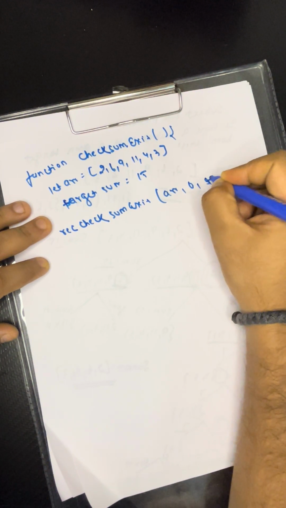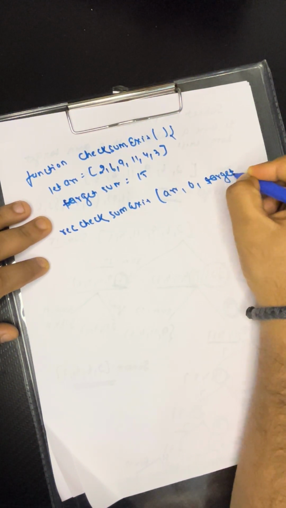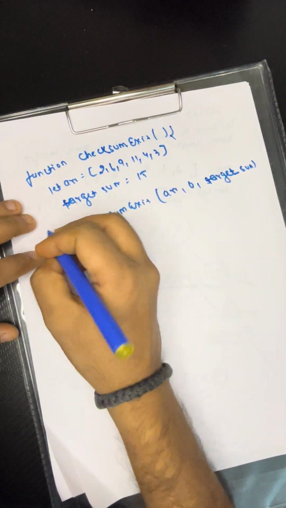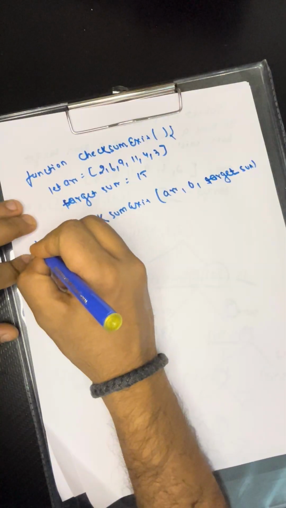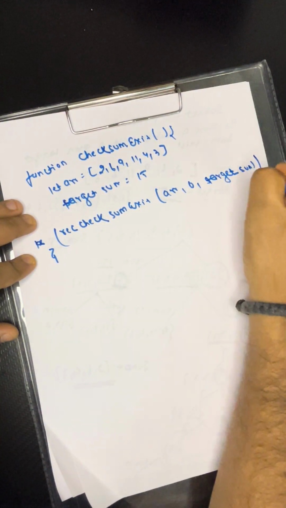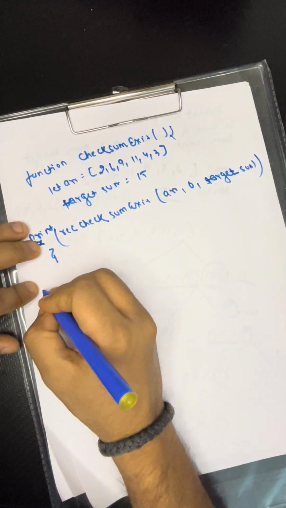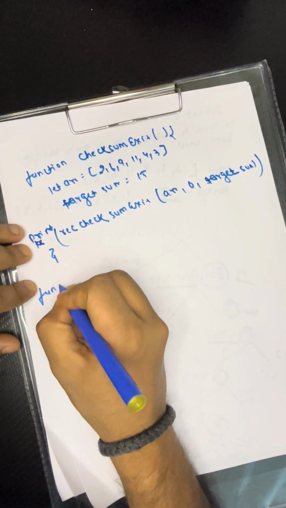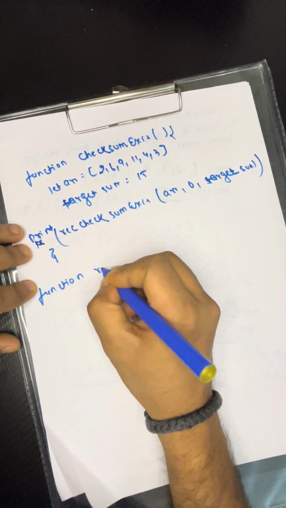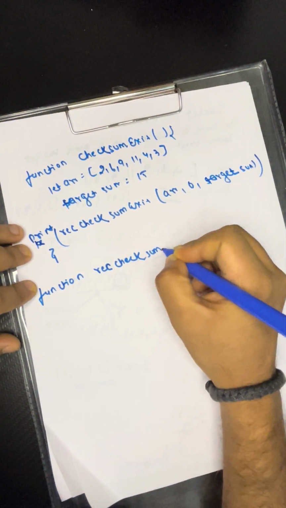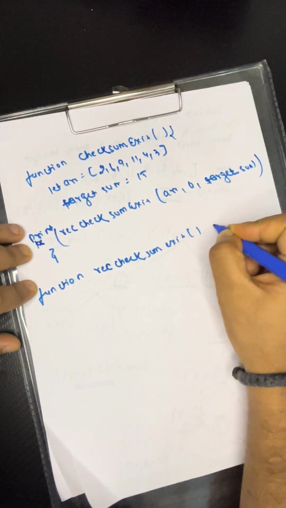Let's say our target underscore sum, and we can print this also. Okay, so write the recursive function rec check sum exists.